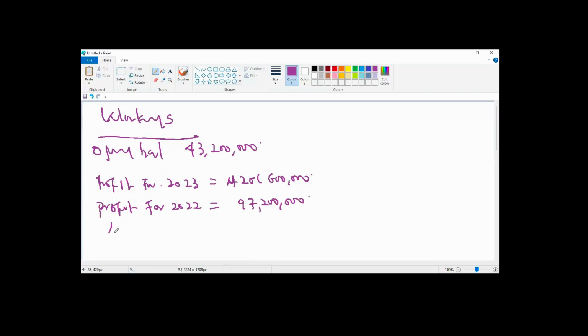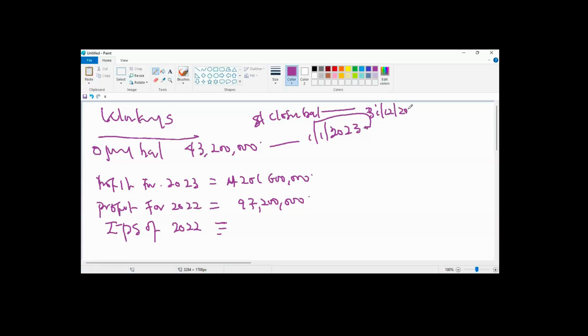So I can calculate earnings per share of 2022 because they've given me the opening balance as at 1st January 2023. Don't forget the opening balance here will be the closing balance on 31st December 2022.